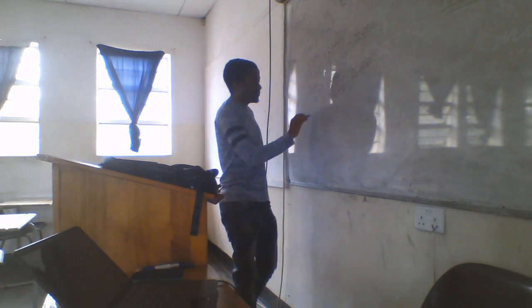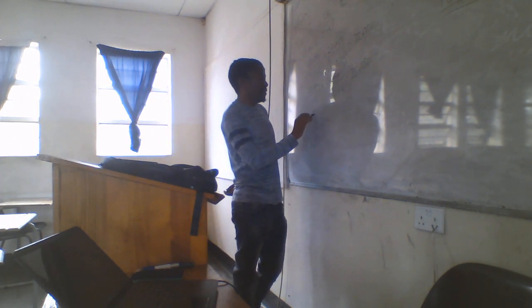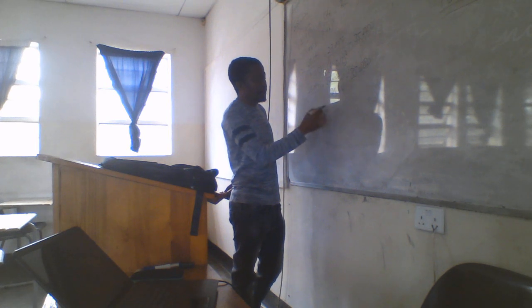So we have 27,000 divided by 1.12, which gives 24,107.